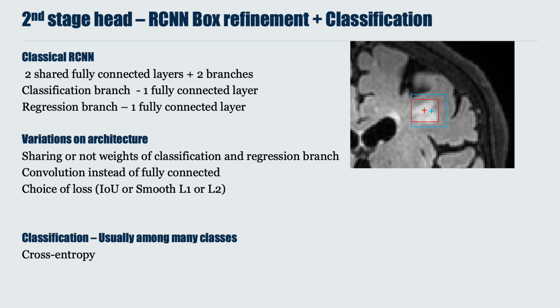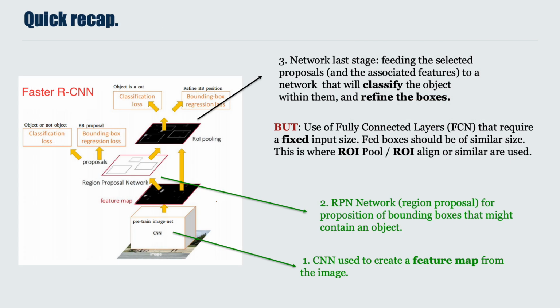So let's recap. Usually what happens at first, you need your backbone, your feature extractor, your big CNN. That's the first step. Then once you have your features, you are trying to extract the boxes that are of interest to you. So you have all your anchors, you have all the associated boxes, and your RPN.